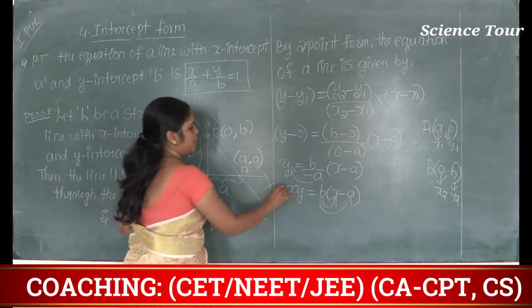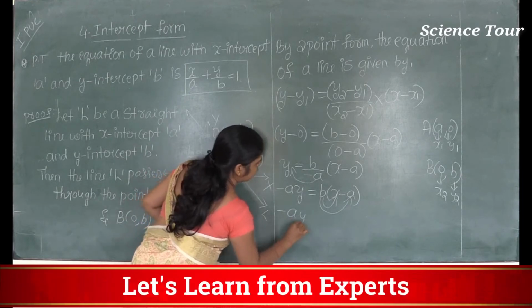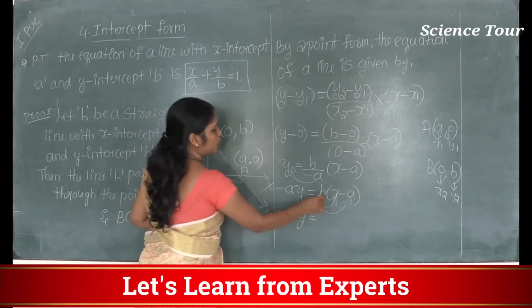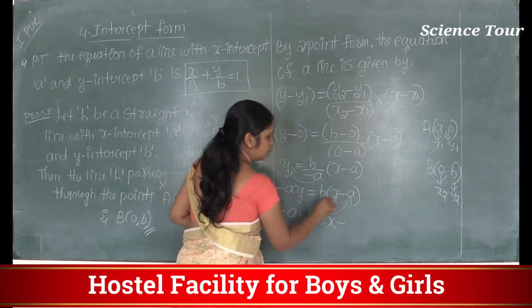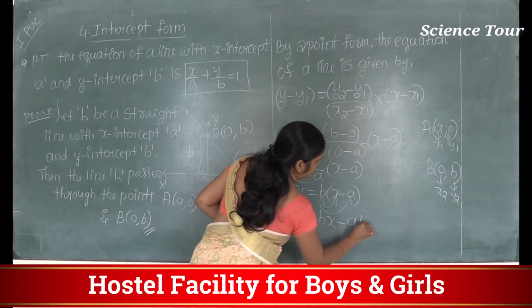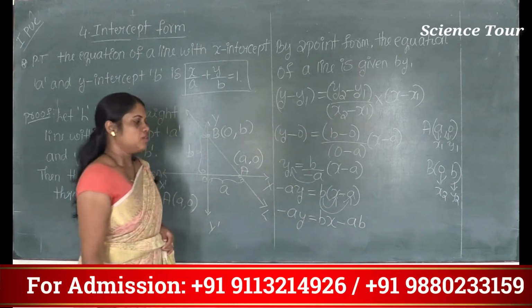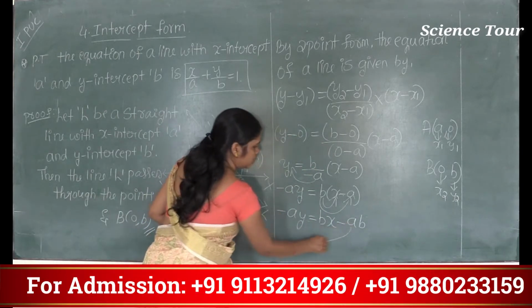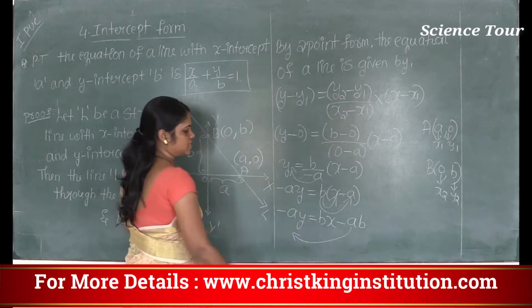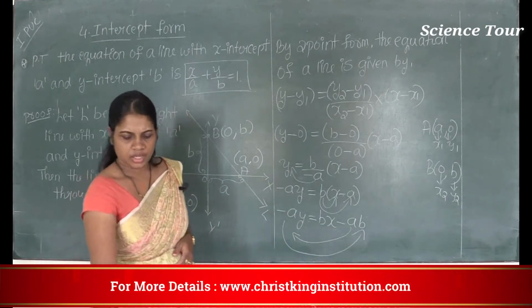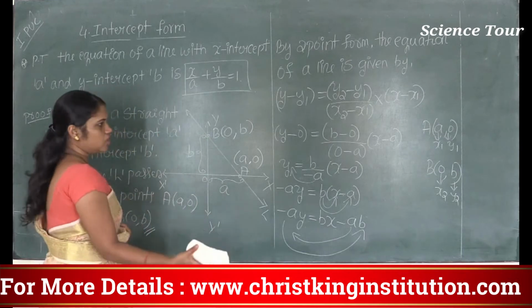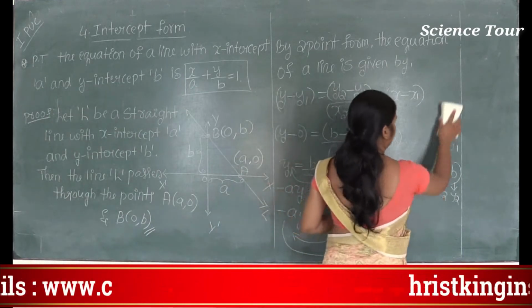So minus ay as it is, equal to b into x as it is, minus b into a, which is nothing but ab. Now shift this minus ab to the left hand side and shift this minus ay to the right hand side. Okay, so we'll see now. I'll simplify here itself.